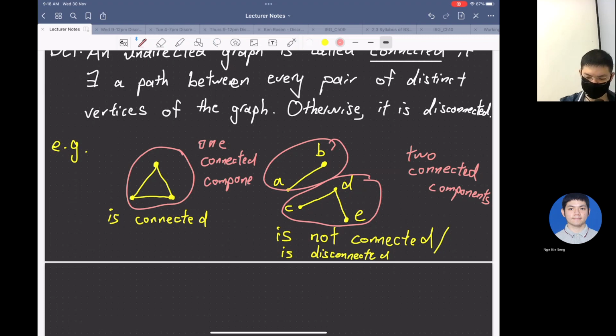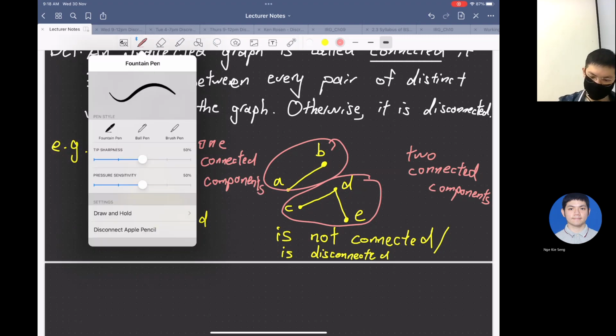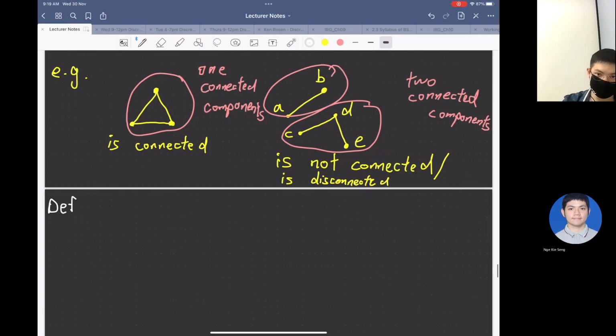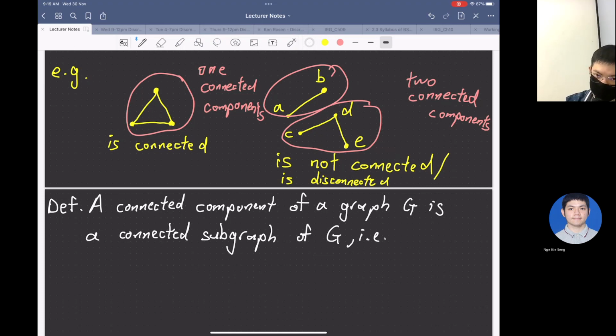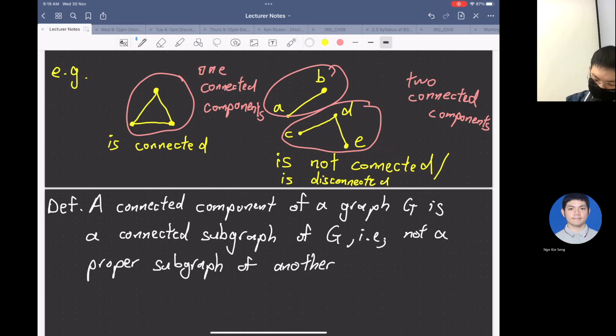So how to make this precise? The definition of a connected component of a graph G is, first of all, a connected subgraph of G that is not a proper subgraph of another connected subgraph of G. Note that this second sentence is very important.